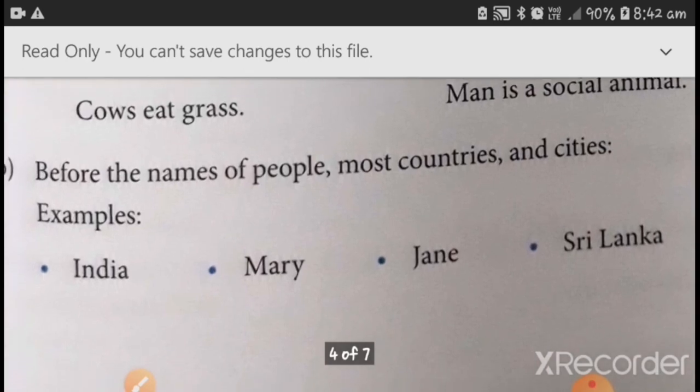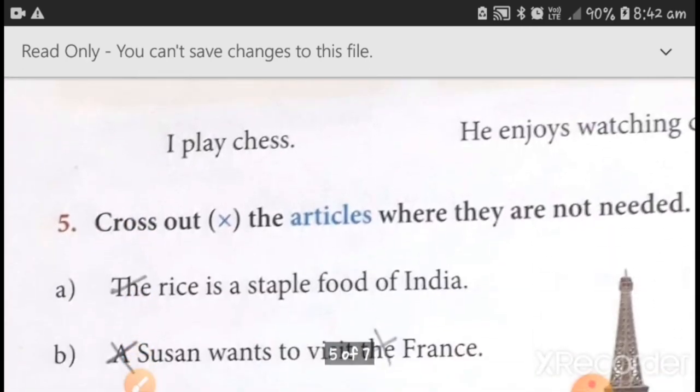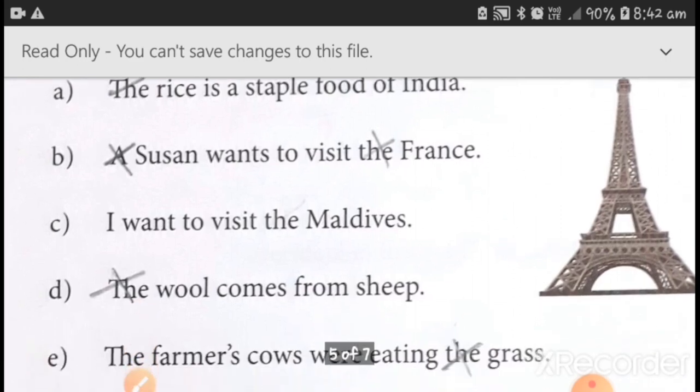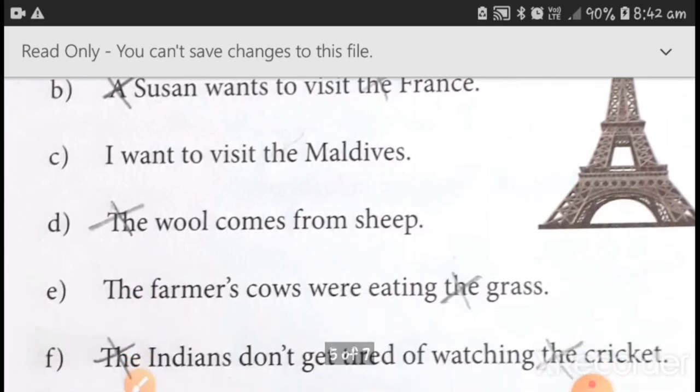Here it is already mentioned, all the things. Go through it and complete these exercises. And also some cities' names, some countries' names, we will not use the article. So here I have crossed it. But for the Maldives, it is a small island in South Asia, so we have to use the article here. The wool comes from the sheep.